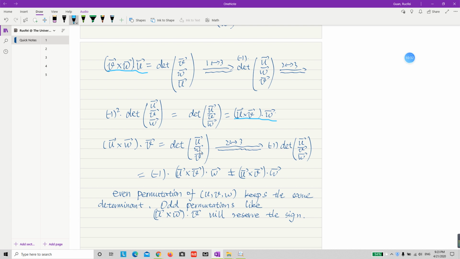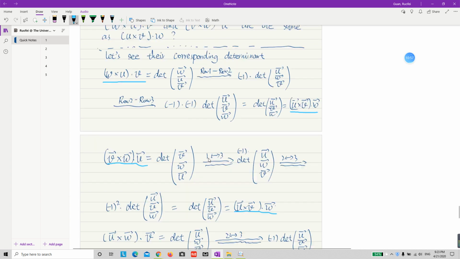We get -1 times determinant UVW. So it is -1 times U cross V dot W. This is not equal to U cross V dot W, there's a -1 here. So the last one is not equal to U cross V dot W.